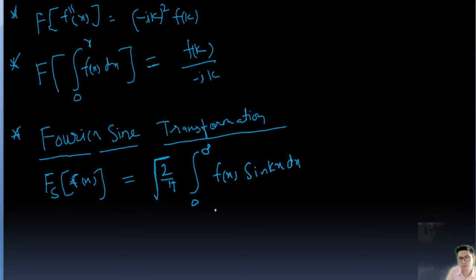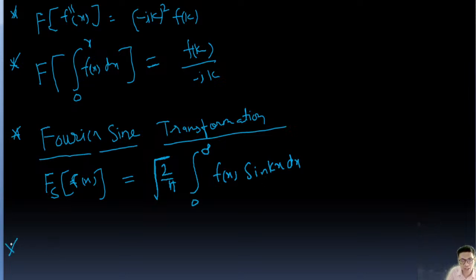Okay, this is very important because by using this formula you can solve integrations whose limit is between 0 to infinity, right? So this is the Fourier sine transform of f(x), root 2 upon pi integration 0 to infinity f(x) sin kx.